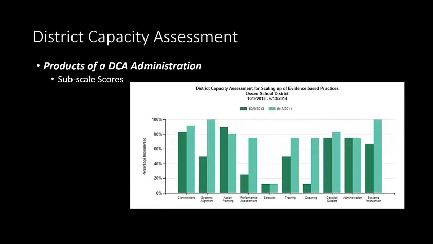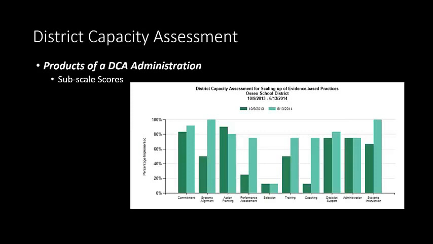You can rate the sub-score over the course of several years. So you'll see here, it was done once in October of 2013, and then again in 2014. So you can rate the change, and we could actually add another year to this and see a 3-year total, so districts can see what our rate of improvement is, what areas we need to work on, and where we have improved.